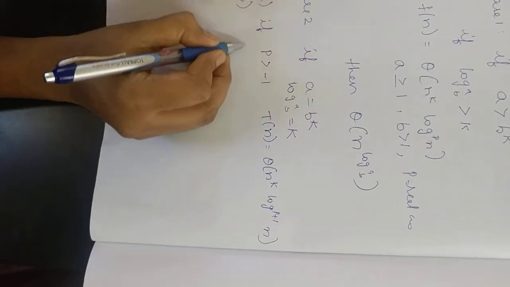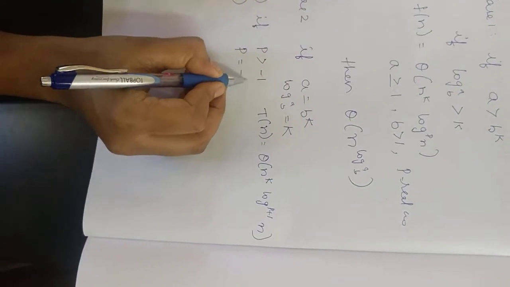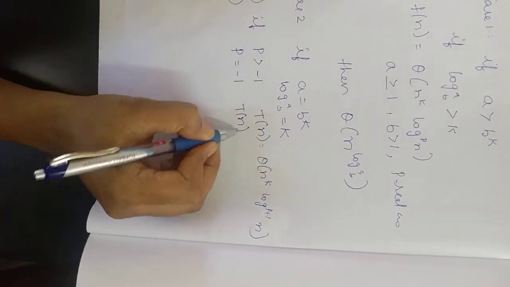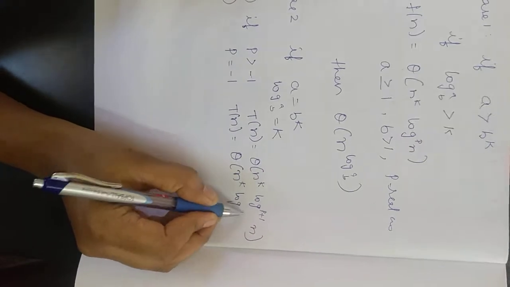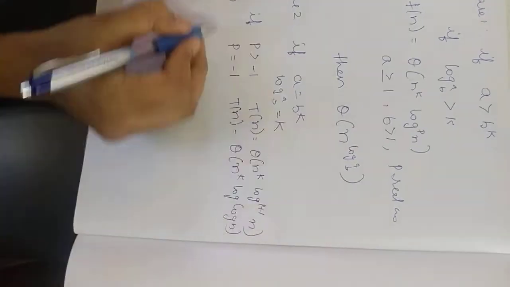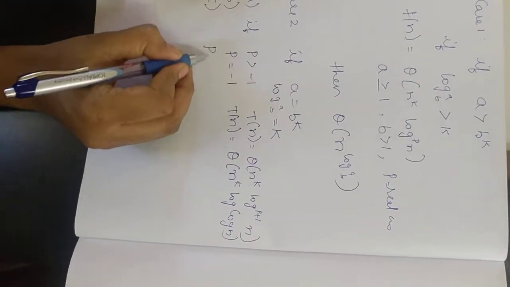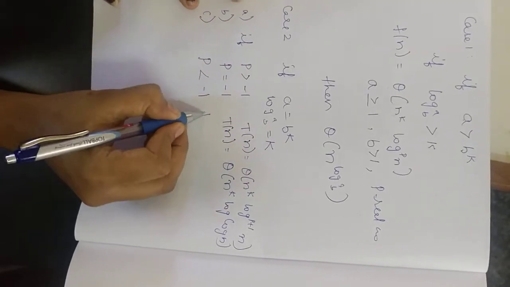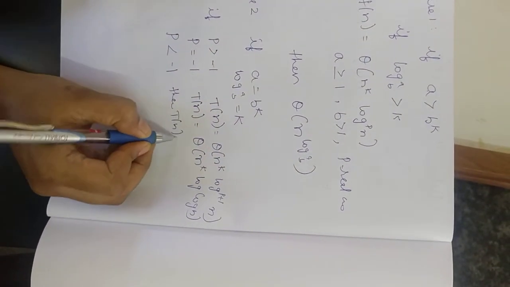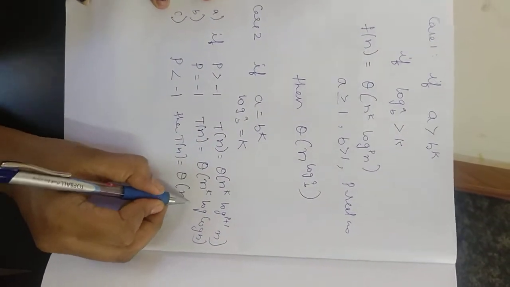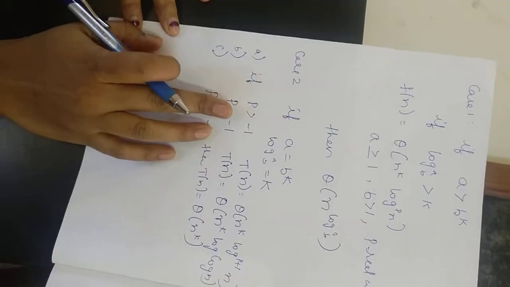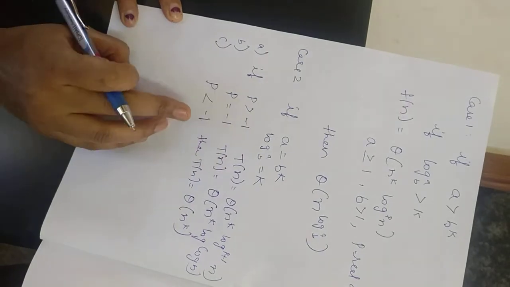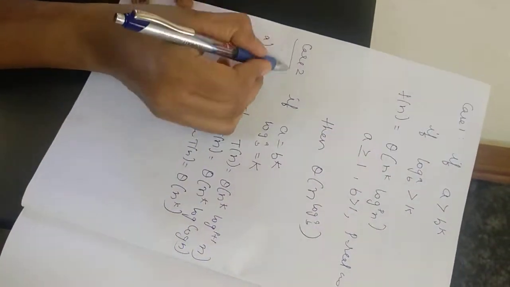Next condition, if p is equal to minus 1, time efficiency will be theta of n to the power of k log log n. Third condition, if p is less than minus 1, then T of n is equal to theta of n to the power of k. These are the time efficiency values when p is greater than minus 1, equal to minus 1 and less than minus 1. This is case 2.